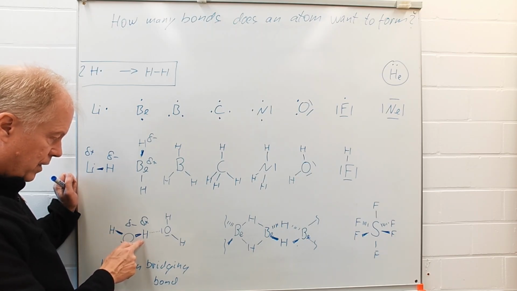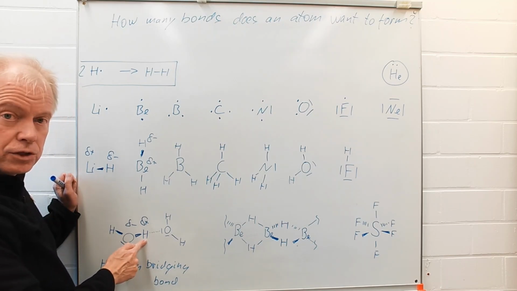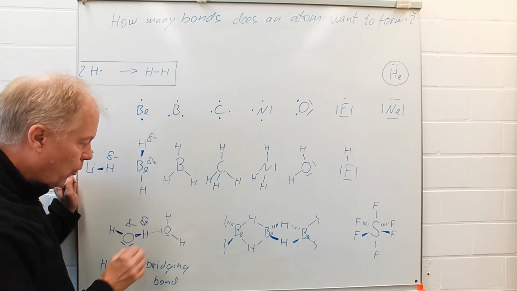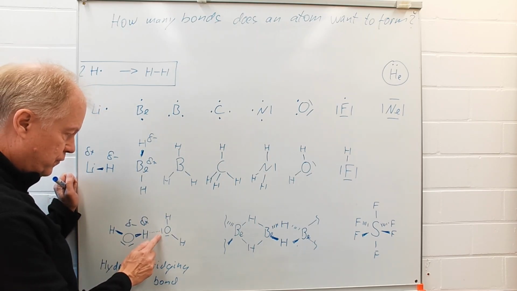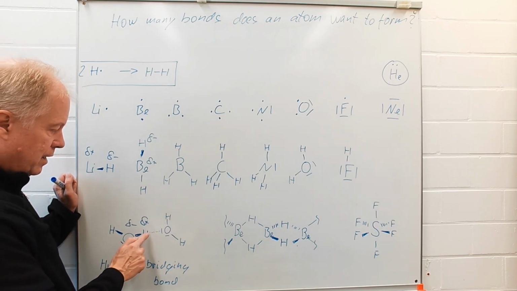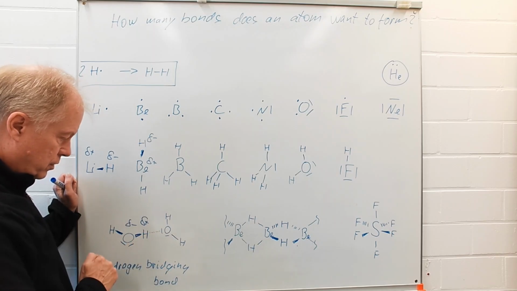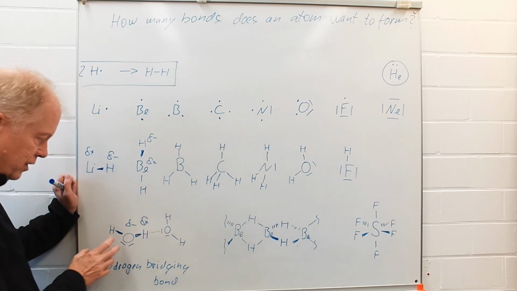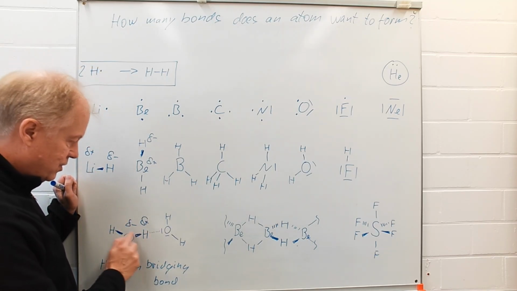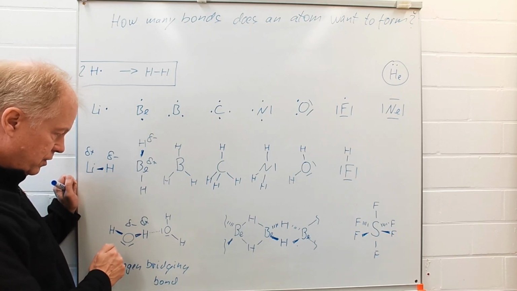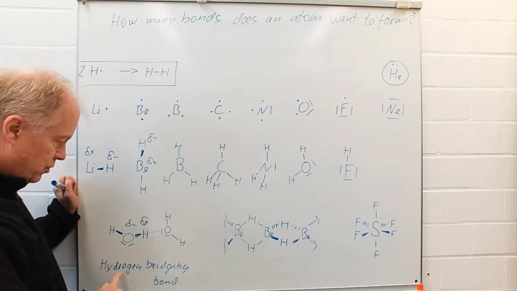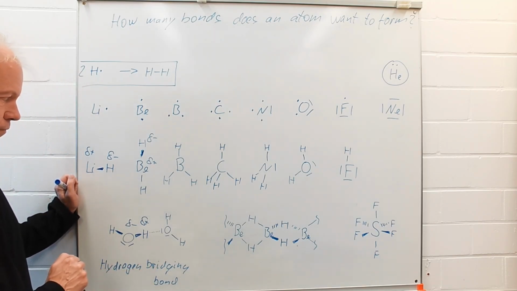We have a slightly positive charge at the hydrogen, and this then can coordinate to a free electron pair of the next water molecule. Here a weak bond is formed, but as you see, overall this is more than a single bond at that hydrogen. Here in addition we have then a so-called hydrogen bridging bond.